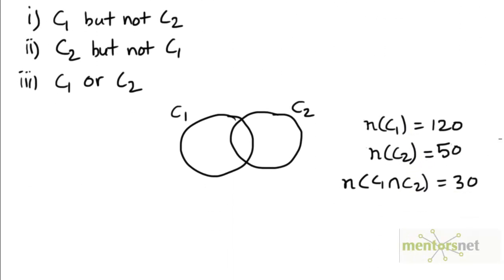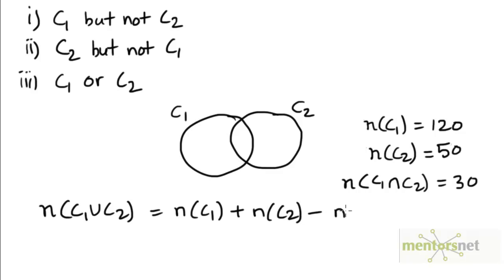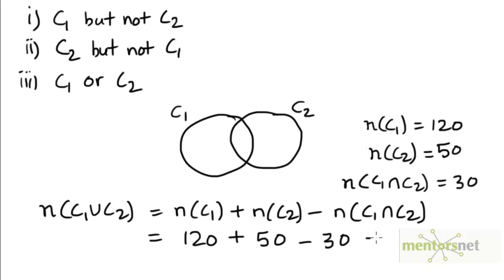Now given this information, we should be able to easily figure out what N of C1 union C2 is, because that follows directly from the formula N of C1 plus N of C2 minus N of C1 intersection C2. That would be 120 plus 50 minus 30, which would be 140. So 140 people were exposed to either one of these two chemicals.